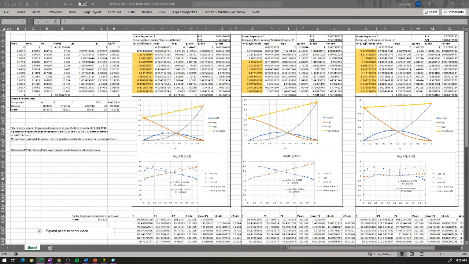For some reason it wants to block it, so plus the C value. I'll make sure that that's right. Yep. Looks right to everybody, except I need to make that absolute, except for the temperature, so I can click and drag it down.